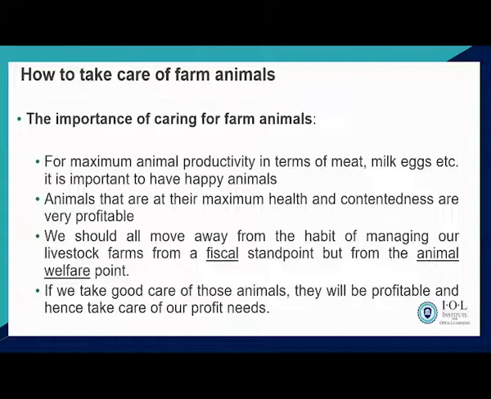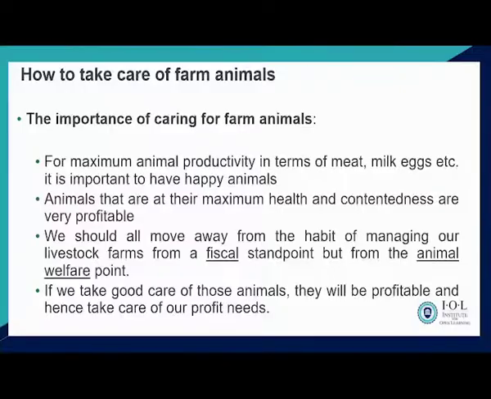Animals at their maximum health and contentedness are very profitable, and we should move away from the habit of managing our livestock farms from a purely physical standpoint, and manage them from the animal welfare point of view.